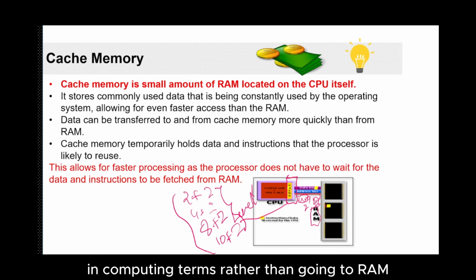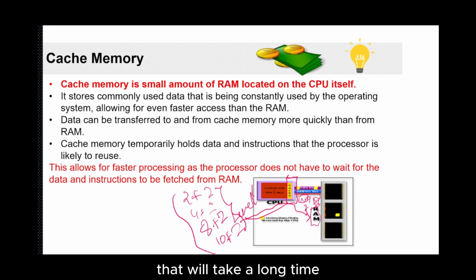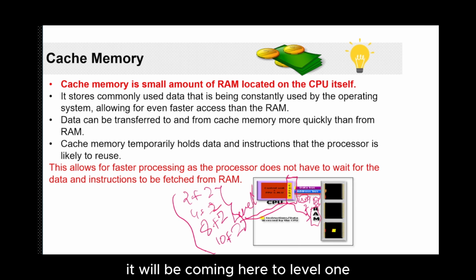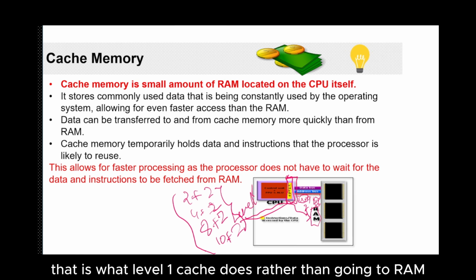So in computing terms, rather than going to RAM here, which will take a long time, it will go to cache, because I am constantly using the same instructions. So it will be coming here to level 1. That is what level 1 cache does.